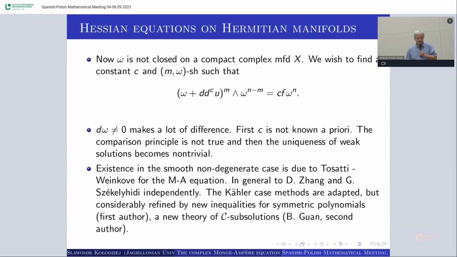And now again we change the setting. We have a Hermitian manifold as before, but now we have a manifold with boundary. So we have a big Hermitian manifold, and within this we take open sets with smooth boundary and with possibly some convexity of the boundary. And the equation is also more general, because now we have two forms, alpha and omega.